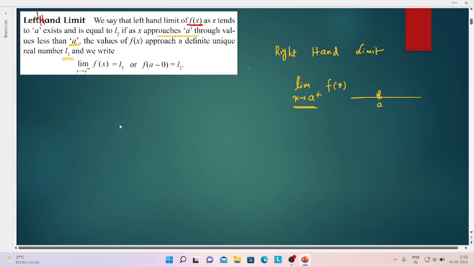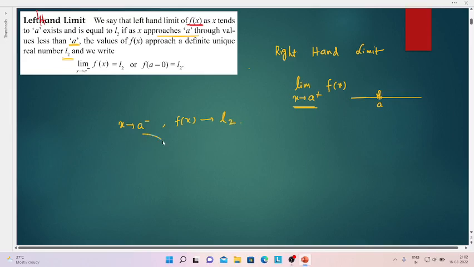So as x approaches a minus, very close to a but not equal to a, and less than a, the given function f(x) approaches a particular real number L2.